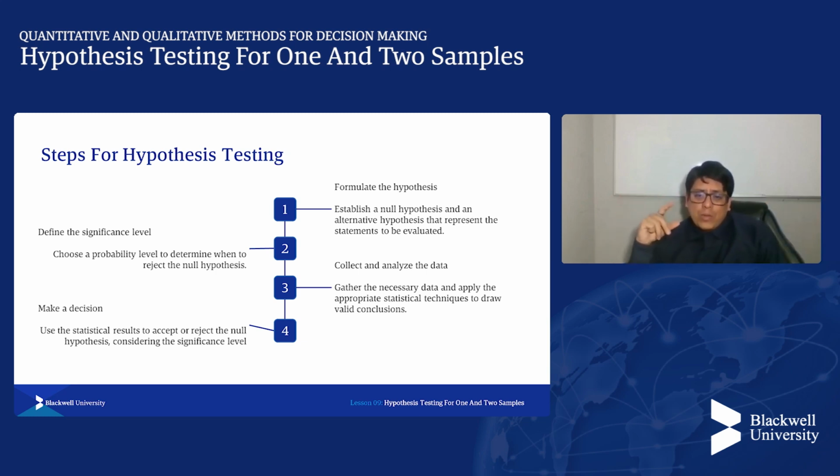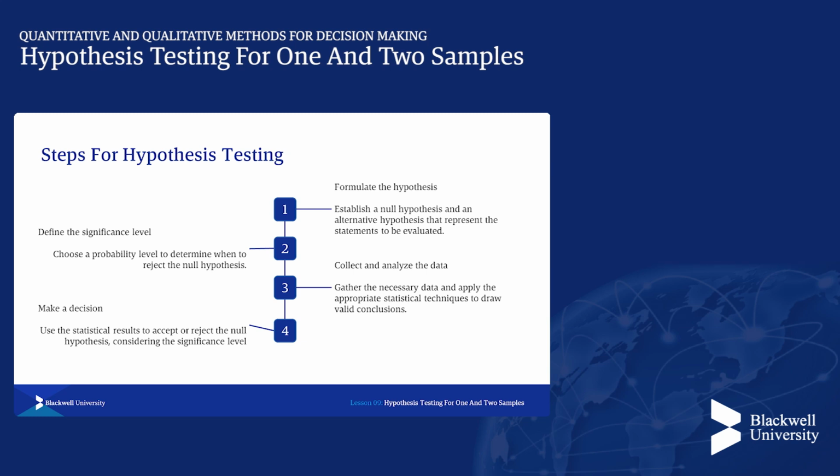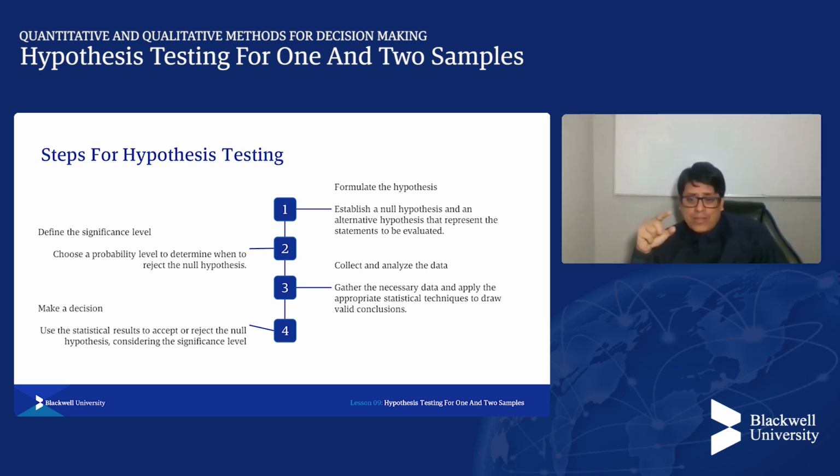What would a p-value of 0.02 mean? Let's assume the p-value is 0.02. It would mean that there is a 2% chance of rejecting the null hypothesis when it is true, right? And that would be fine because we are accepting a 5% chance.